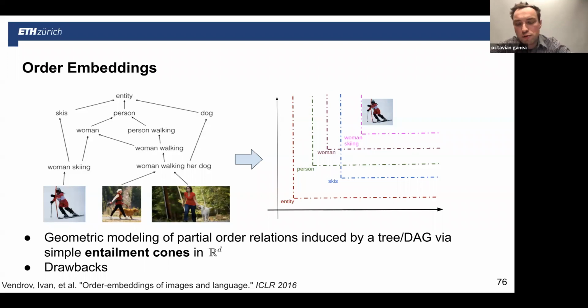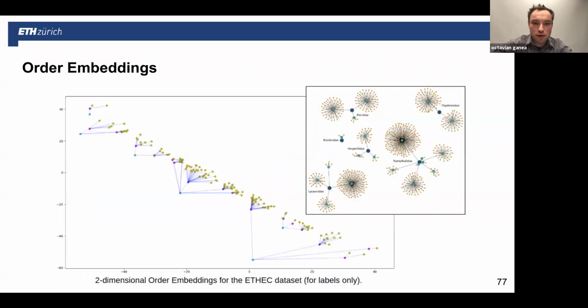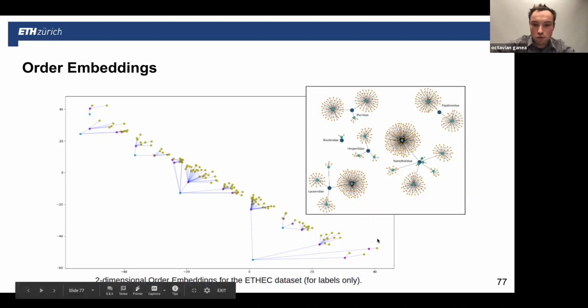So let's say woman is a subconcept of person; we want it to be in the upper right quadrant of person. On the other hand, skis, let's say, is not a subconcept of person, so we don't want skis to be embedded in this quadrant of person. That's their intuition. And if we embed a tree, like we did here for a butterfly data set, here is the data set shown as a set of trees, and here is how it looks in the embedding space using order embeddings.